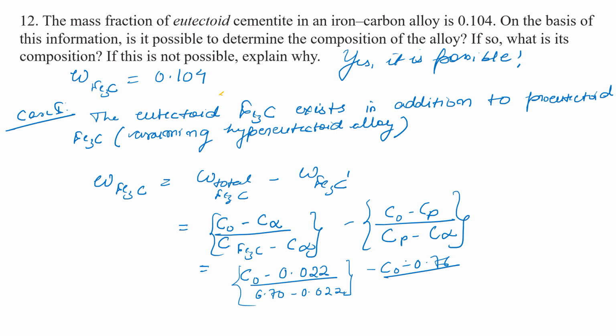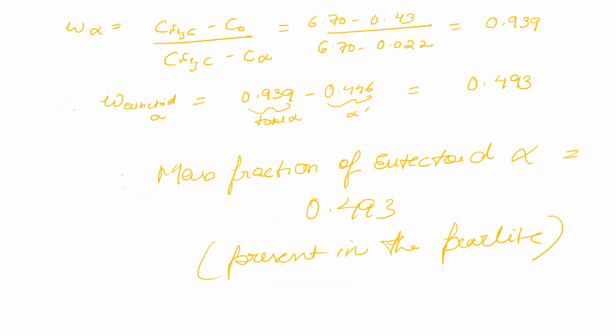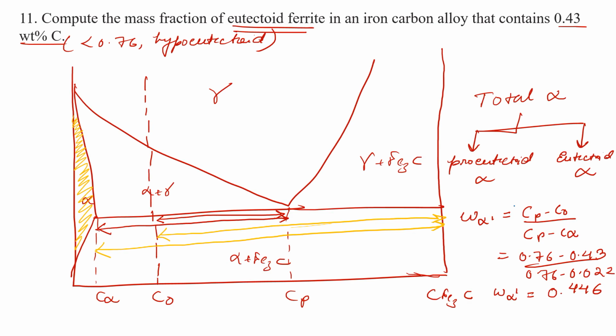So proeutectoid cementite should be C naught minus Cp divided by CFe3C minus Cp.